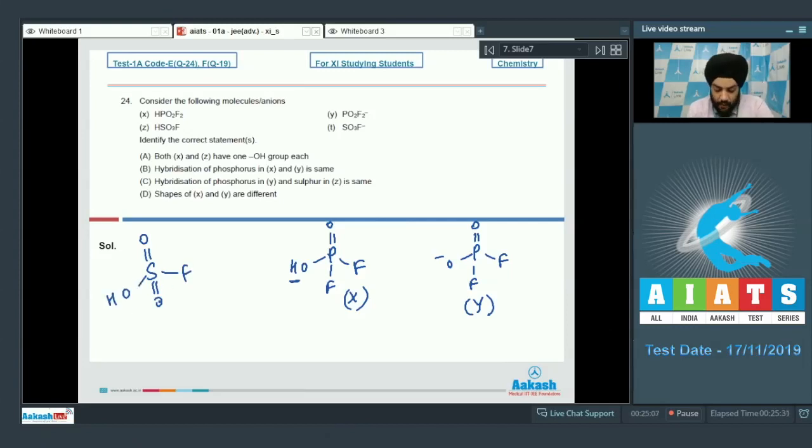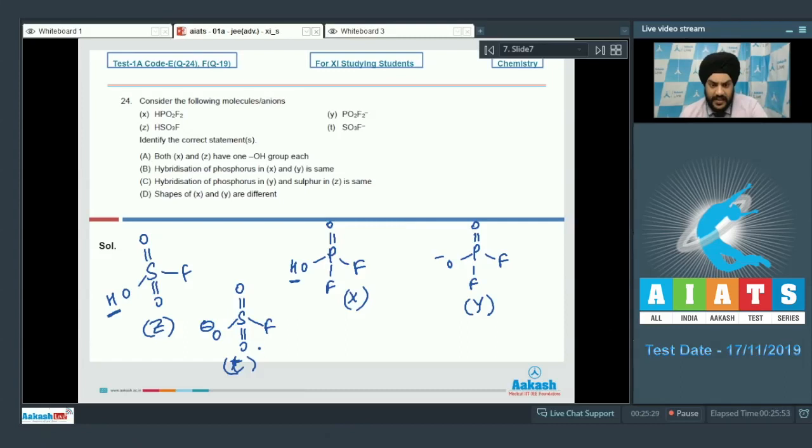So this is the compound Z. And if you talk about the compound T now, it is SO3F negative. So again, in a similar fashion as before, this H will be lost to form the given anion. So S double bond O, F and O negative. So these are the structures of the compounds which have been given to us, students.